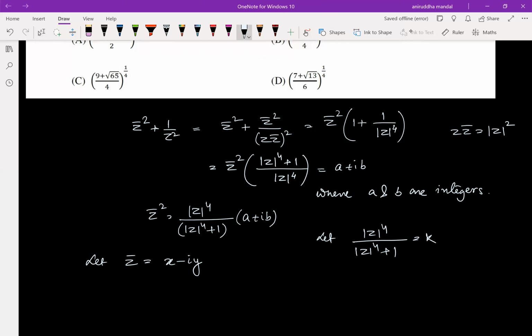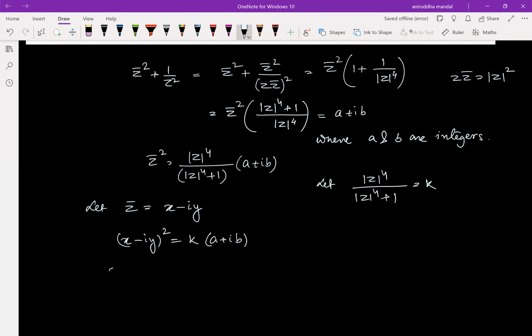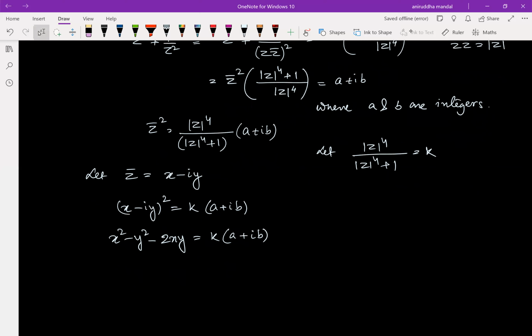So what we have in the right hand side as x minus iy whole square equal to k into a plus ib. Okay, now x square minus y square minus 2ixy equal to k a plus ib. Okay, now comparing the real part and the imaginary part, so this is ka and minus 2xy equal to kb.